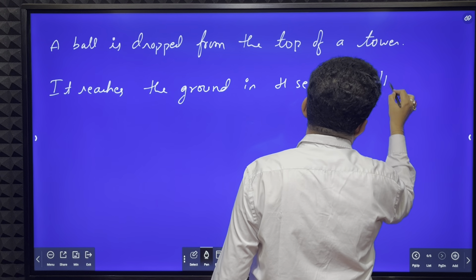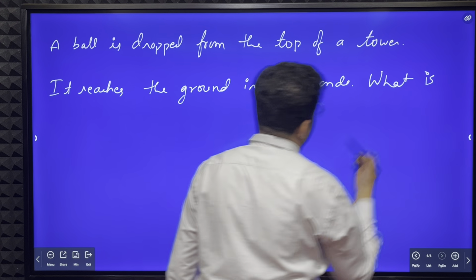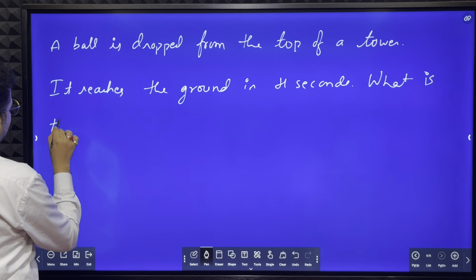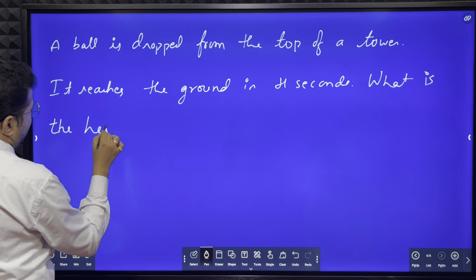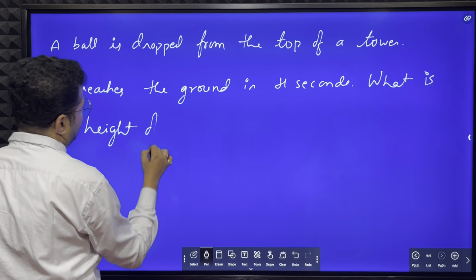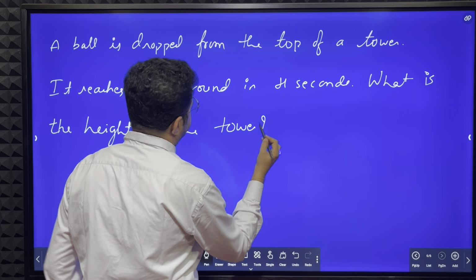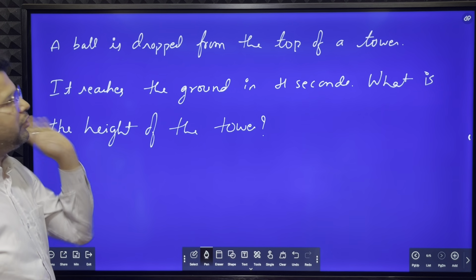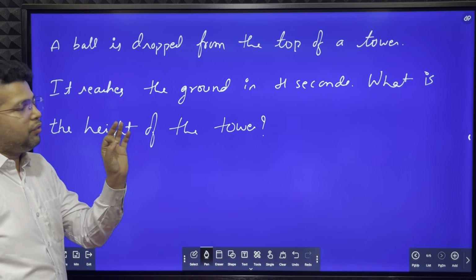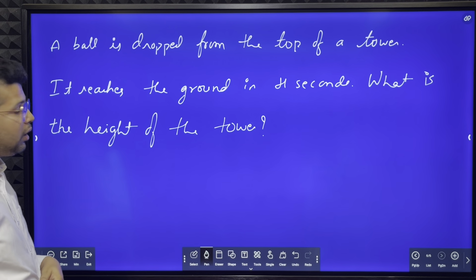The question is, what is the height of the tower? It's a very simple question. A ball is dropped from the top of a tower. It reaches the ground in 4 seconds. What is the height of the tower?